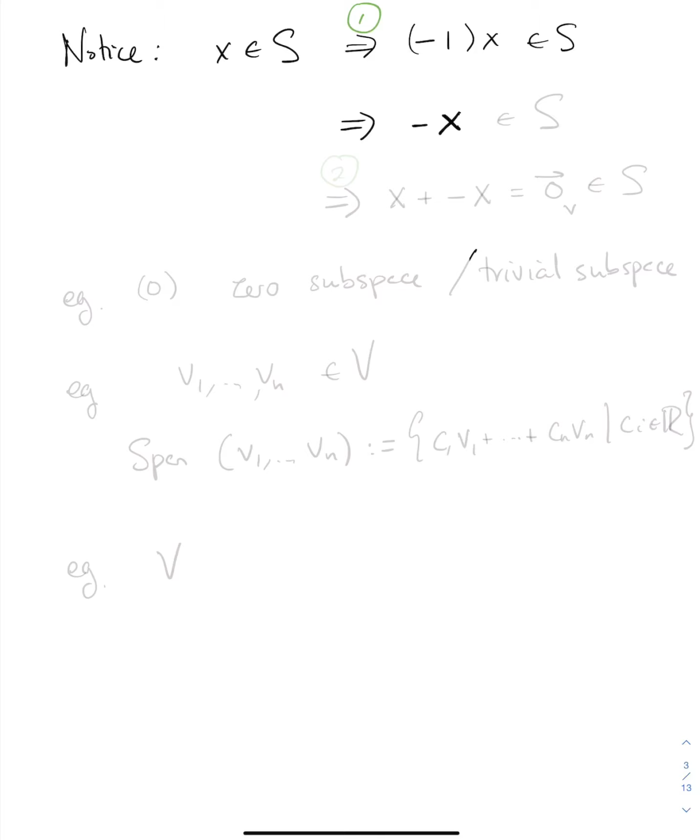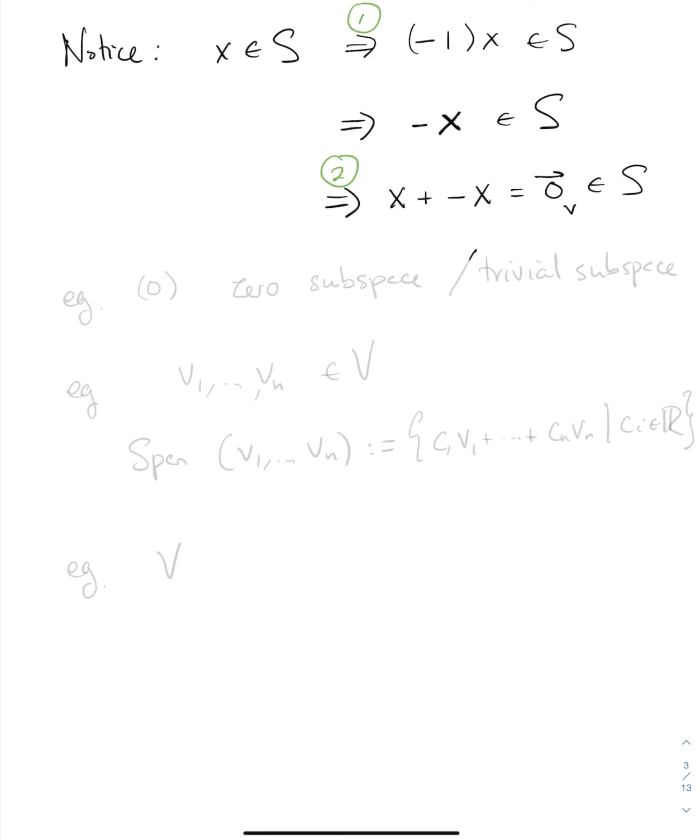So because of that, -x is in S. Following from that discovery, we know that x plus -x is going to be in S, and this is the 0 vector from V. How do we know that? Because of 2, S is closed under addition. All of this is to say that the 0 vector is in any subspace of a vector space.